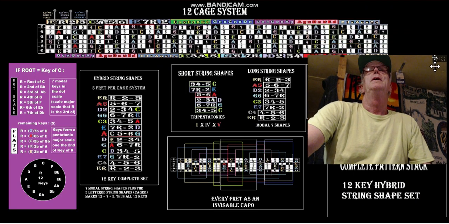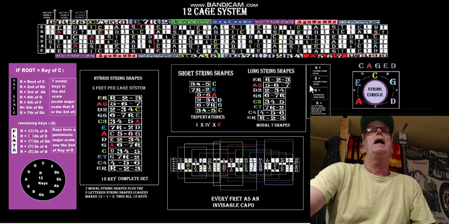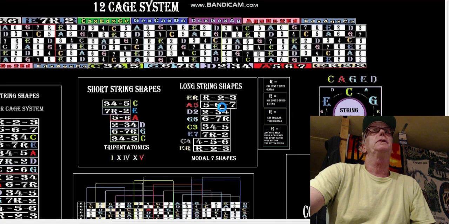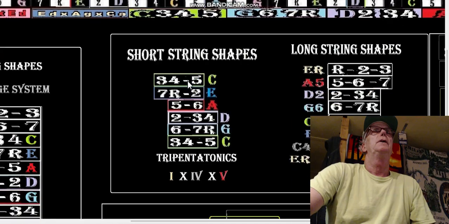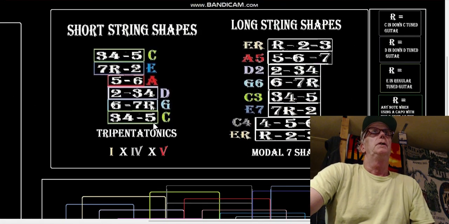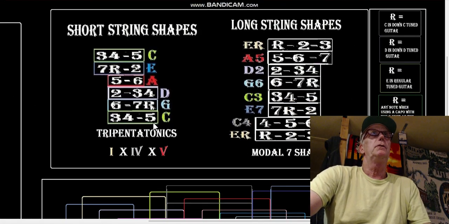Now, we have the short string shapes. These came about from the pentatonic scales. The pentatonic scales are like 5, 6, root, 2, 3, 5. So 2, 3, 5, 6, root, 2, right there.